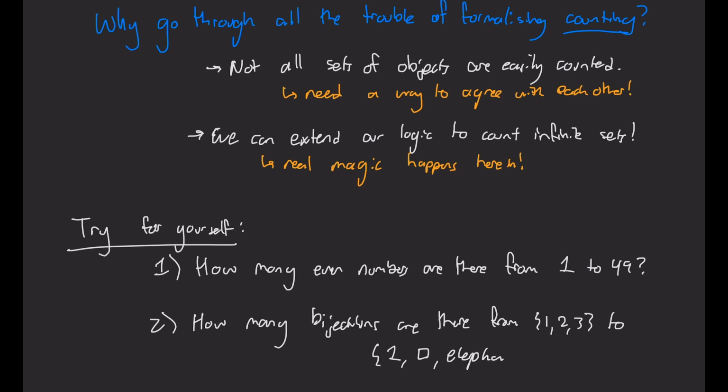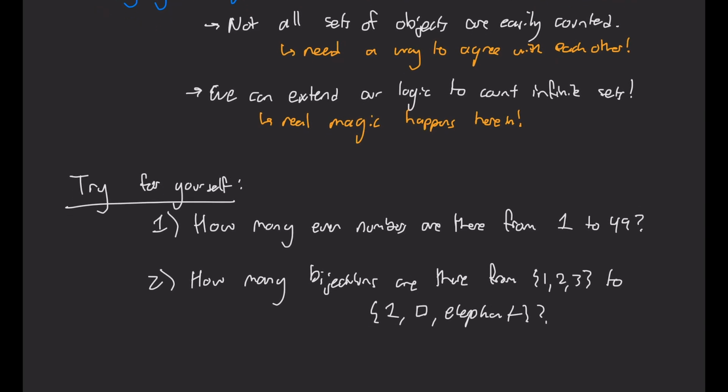This is recalling the question that I had above. For both of these questions, we need to set up bijections. In this last question, we need to set up a bijection from some set of numbers to a set of bijections. So we're actually counting bijections with a bijection, which is kind of neat.